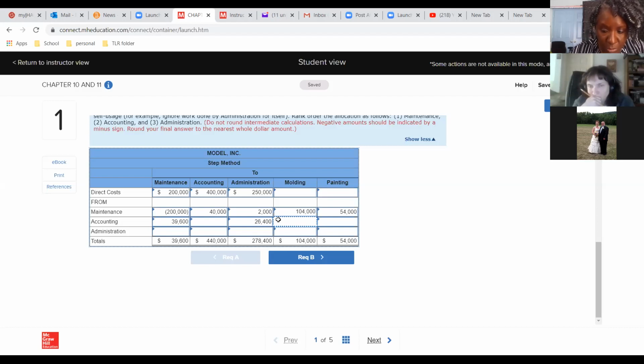All right, 154, which we calculated. And then the painting, I would assume it's going to be the 220. Okay. Now I'm going to check my work before we go any further.